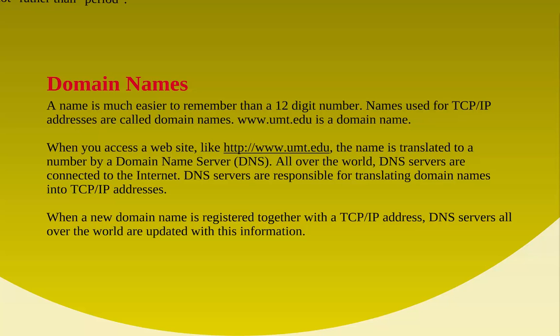And all over the world there are DNS servers that are connected to the internet, and they are the ones that are responsible for translating google.com or whatever it is that you type into your browser into the actual IP address that gets passed on to the TCP/IP protocol. And those DNS servers all over the world get updated with any new information, and it happens on a nightly basis.